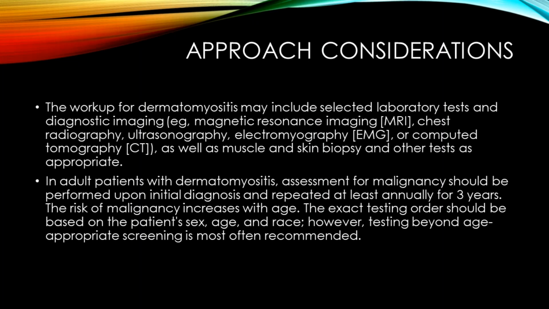In adult patients with dermatomyositis, assessment for malignancy should be performed upon initial diagnosis and repeated at least annually for 3 years. The risk of malignancy increases with age. The exact testing order should be based on the patient's sex, age, and race. However, testing beyond age-appropriate screening is most often recommended.